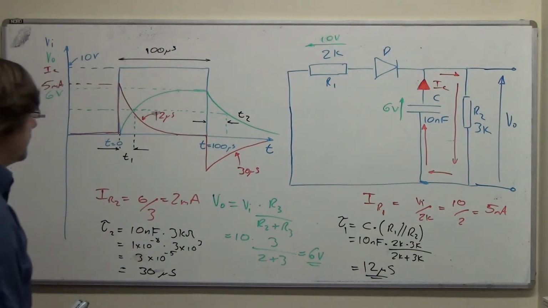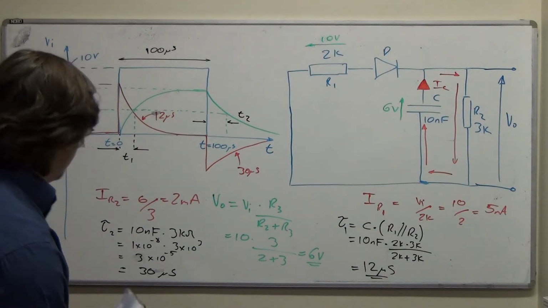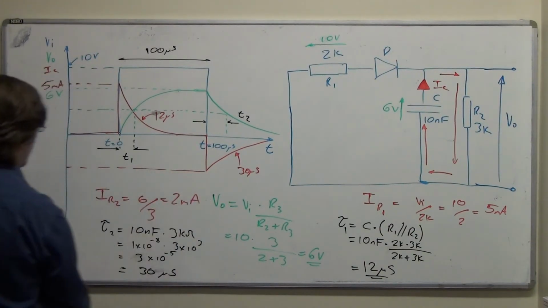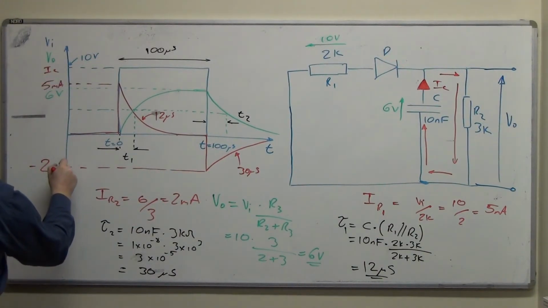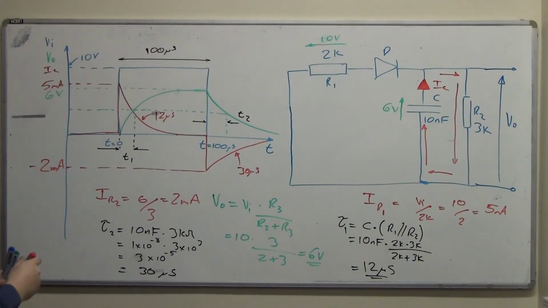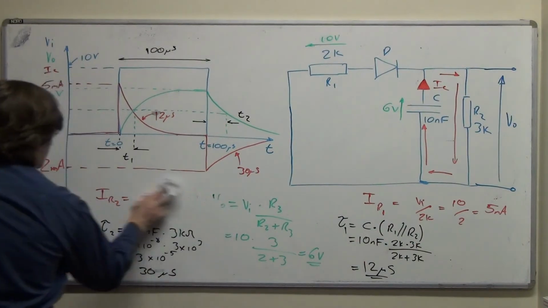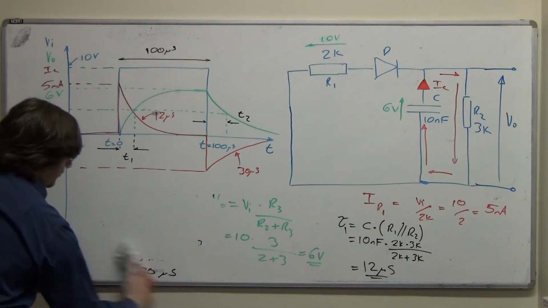And we'll have to work those out. Oh, I didn't actually label my graph properly, did I? Missed that one. It's minus 2 milliamps. So I'm going to rub out the calculations at the bottom so that we can work out the times.